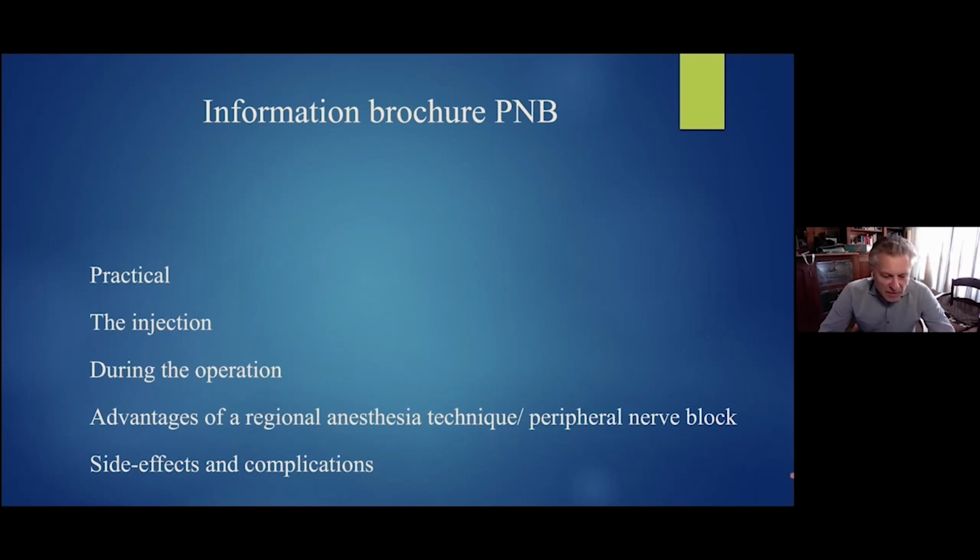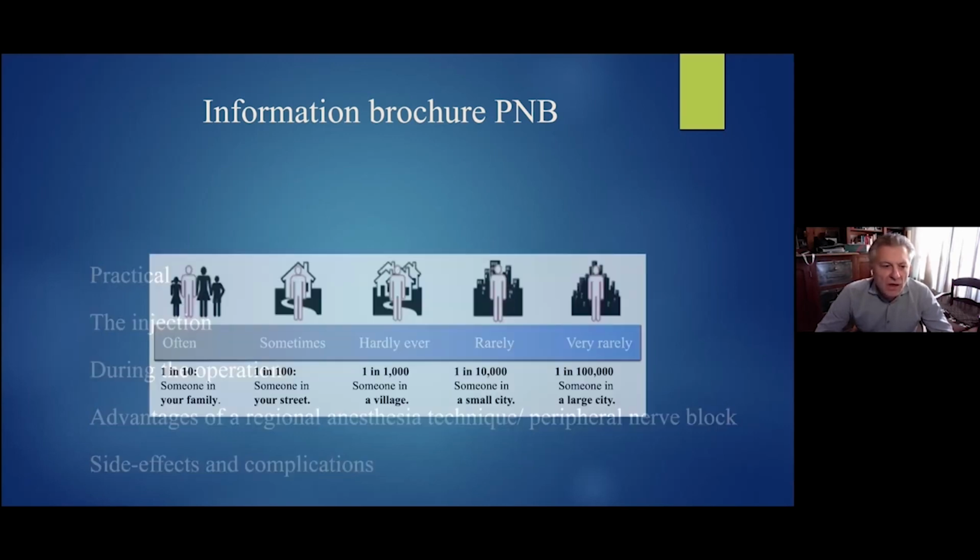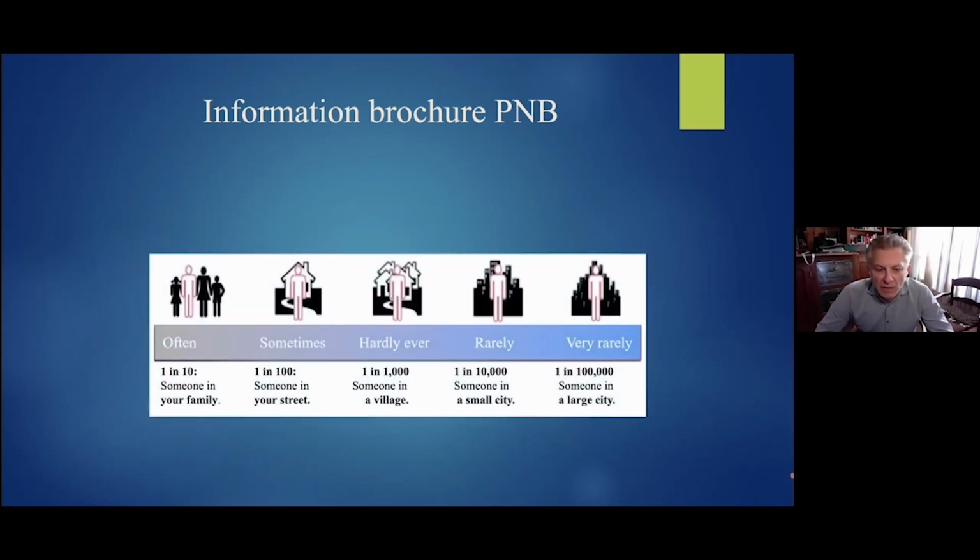Explain the side effects and eventual complications, but pay attention that you explain the frequency very clearly. A complication that is often, like 1 in 10, is, say, someone in your family. And if it's very rare, 1 in 100,000, then it's someone in a large city.